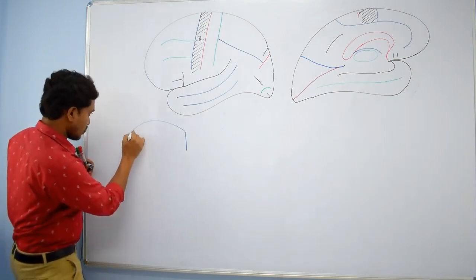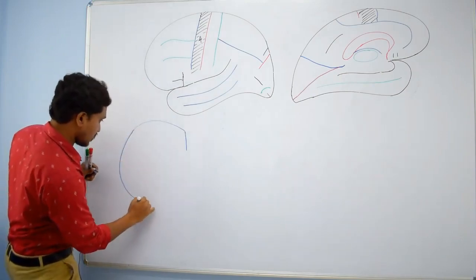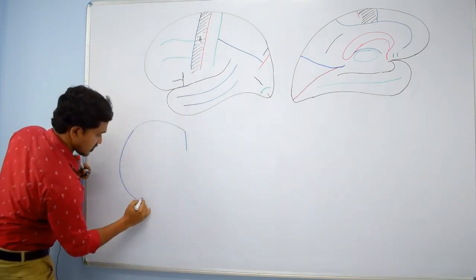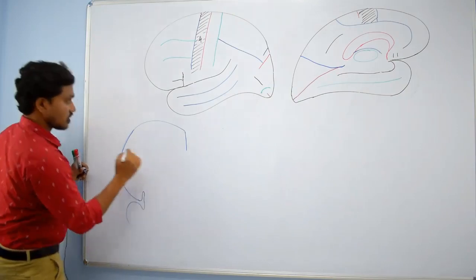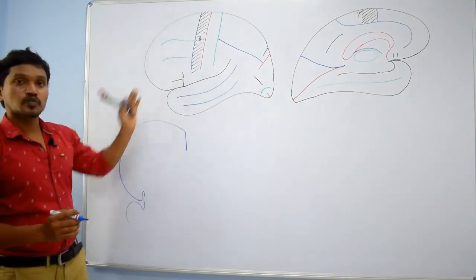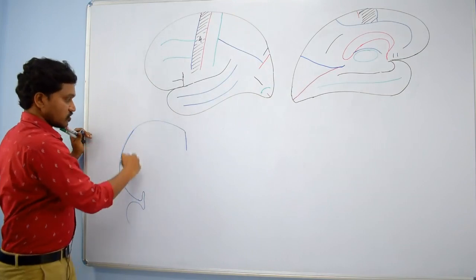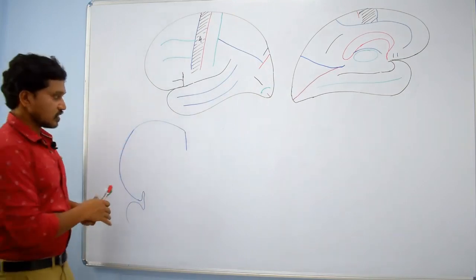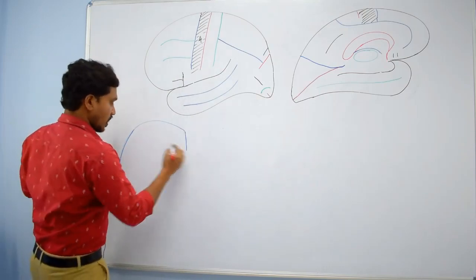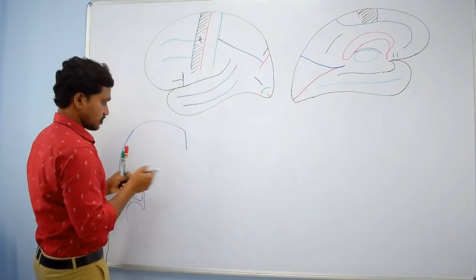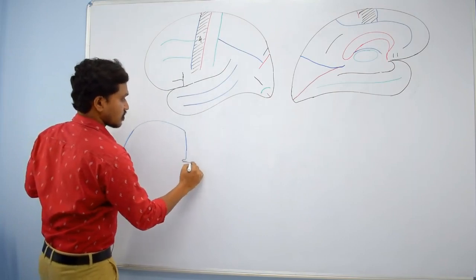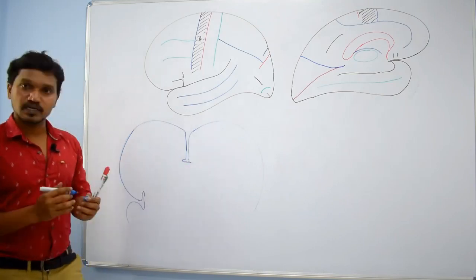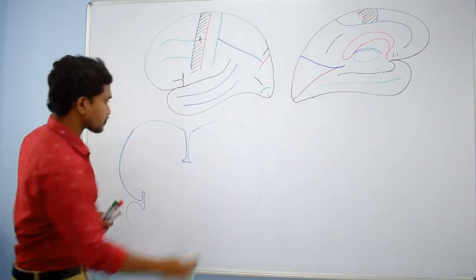Of course, you know here is the lateral sulcus, right? So this is the superior lateral surface. If I take a section and show it here, now we will see the representation. Of course, if you want to draw the opposite side, it will be like this. But I am taking only one side, that will be sufficient.